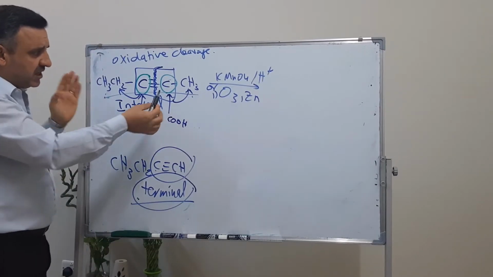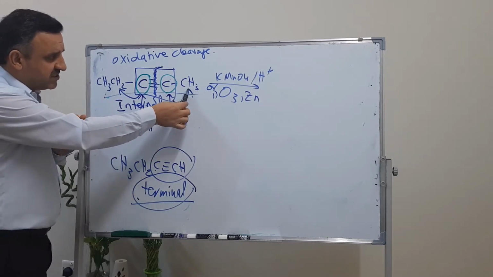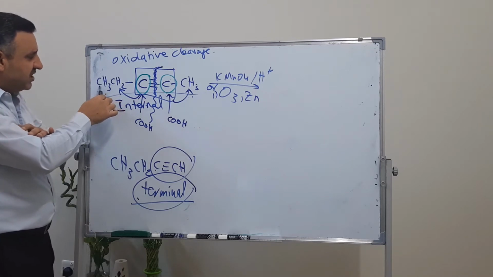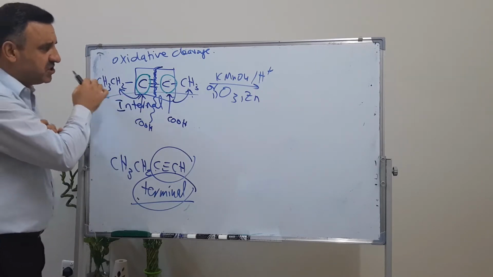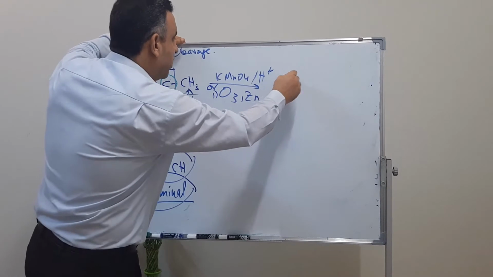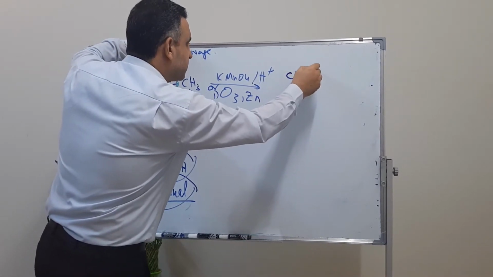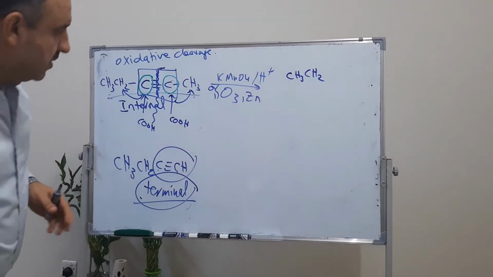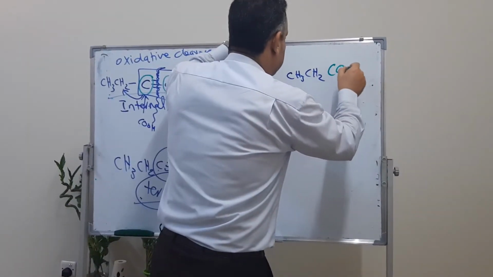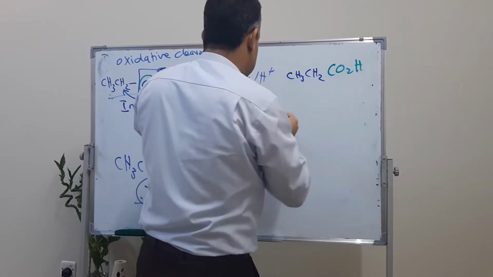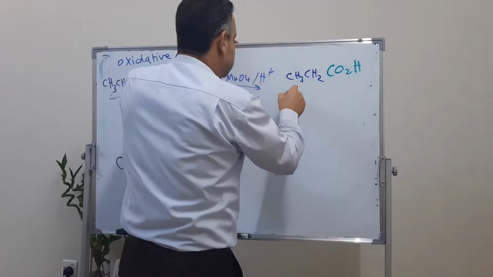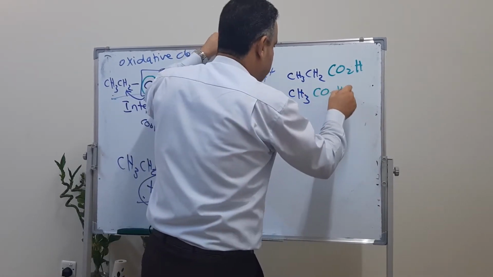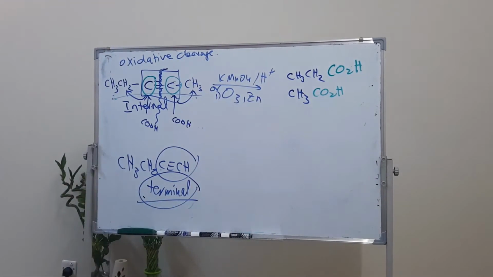So at the end here, we have CH3 attached to this. This will become COOH, and this here will have CH3CH2 attached to COOH. So we are going to get two carboxylic acids, CH3CH2CO2H, and the other carboxylic acid is CH3CO2H. Is that clear? Clear now?